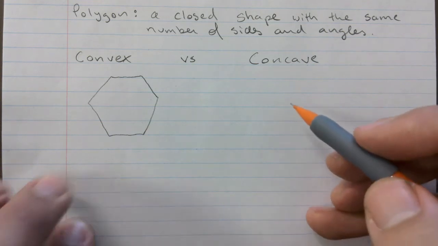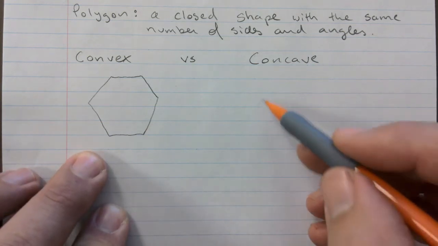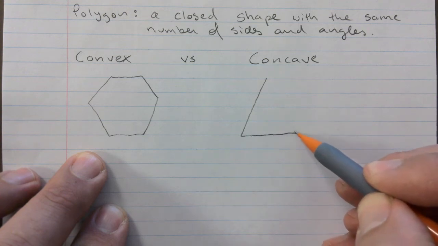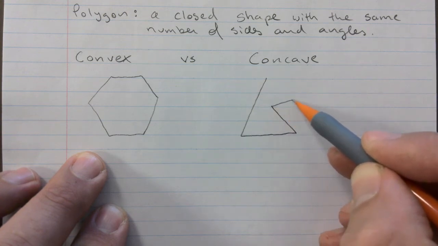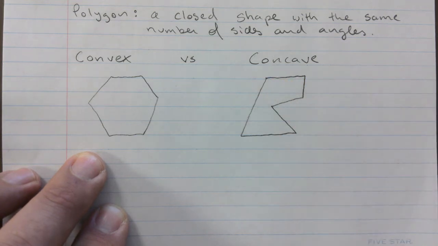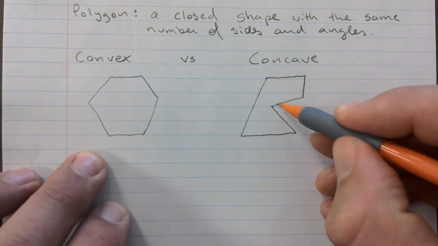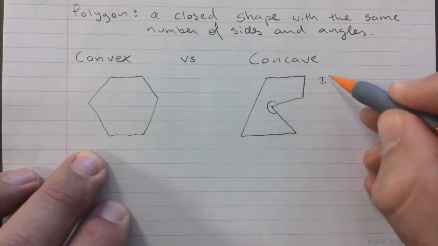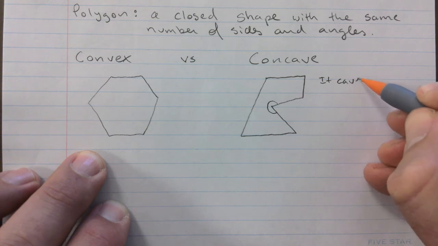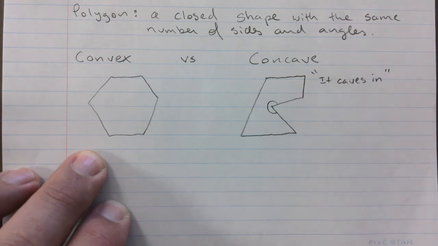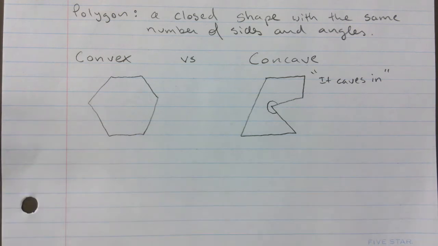It's not a regular, obviously, but it is there. And then you could have this angle I want to focus in. It caves in. That's just me trying to help you out. Like it caves in. It's like it goes into itself.